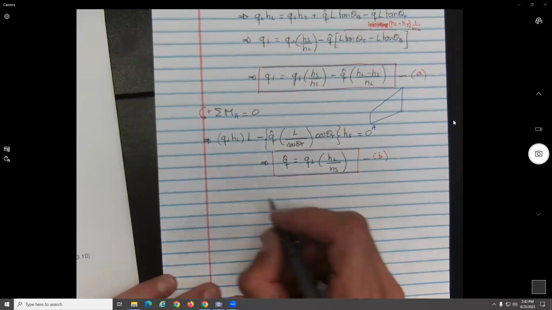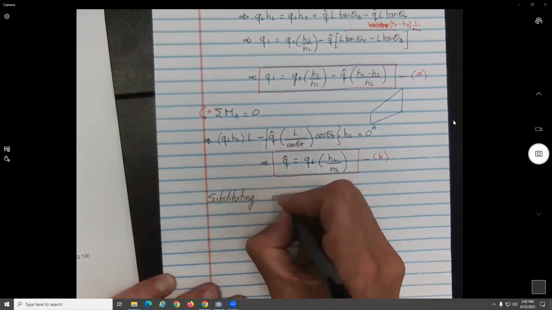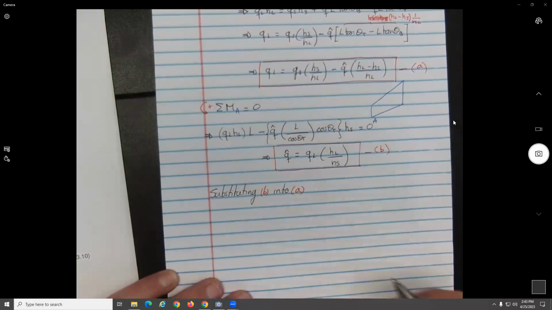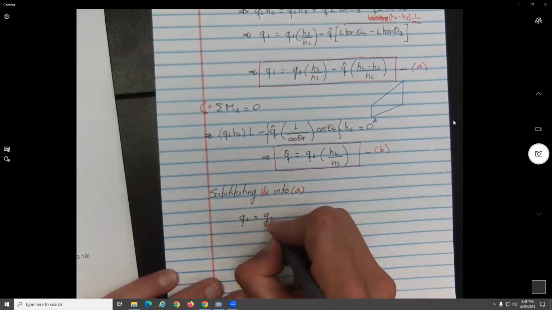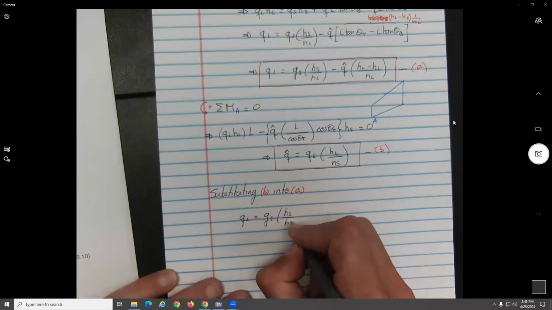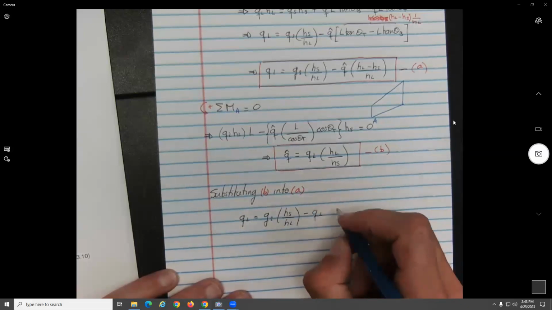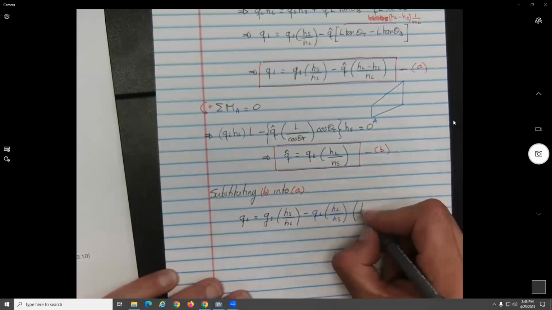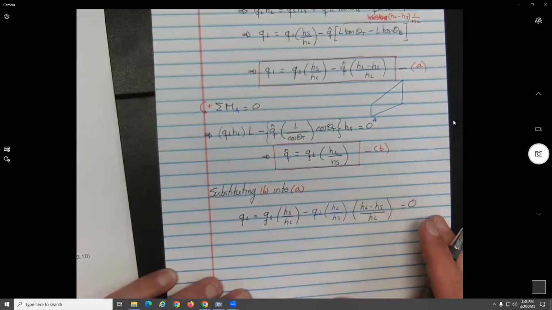All this part is not that important, but substituting B into A, we get Q sub L will be equal to Q sub S of H sub S over H sub L minus Q sub L, H sub L over H sub S, times H sub L minus H short divided by H sub L, equal to 0.